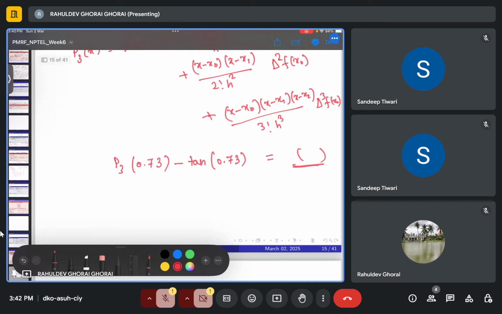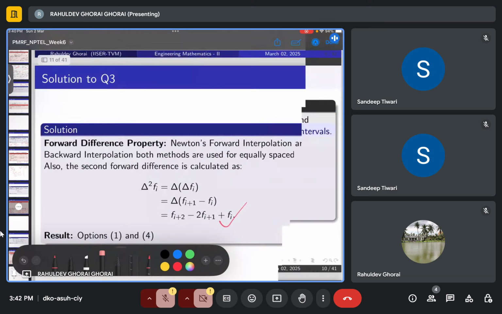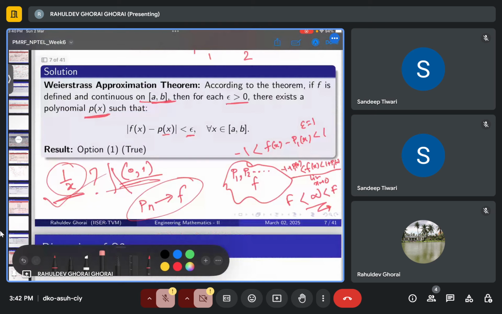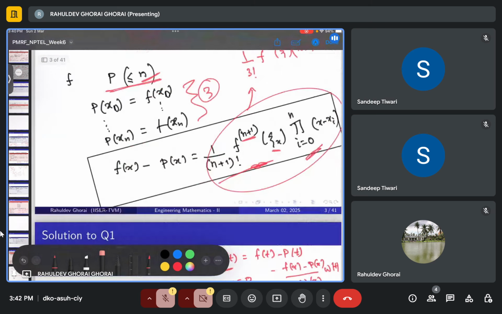Otherwise, you will have one more term, but in that you will have some point xi, which you cannot say exactly what it is. So that's why when people ask to find the exact error, you cannot use that type of formula.